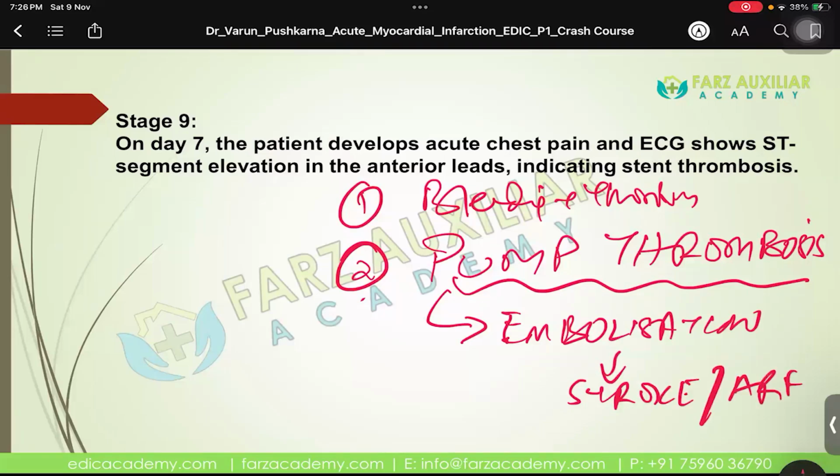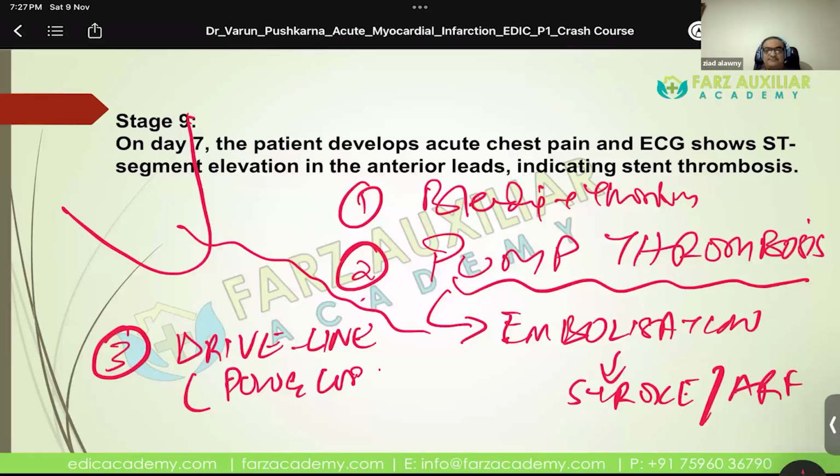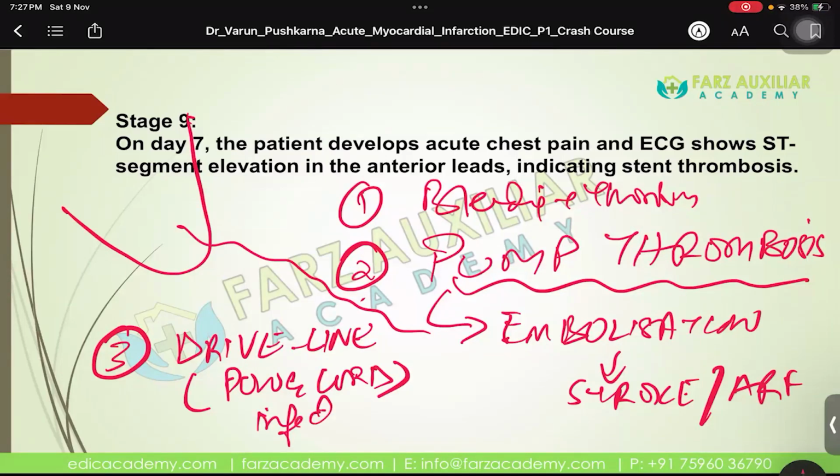And then there is a drive line. The drive line is a power cord. If this is the device, there is a power cord which is outside the body. So drive line infection can occur, leading to sepsis.